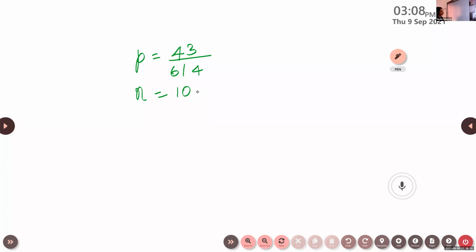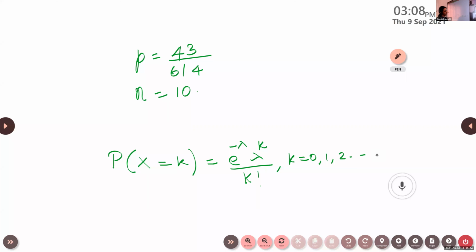In order to define the Poisson distribution, P of x equal to k, what is the formula we have learned? e raised to minus lambda, lambda raised to k by k factorial, where k is equal to 0, 1, 2, 3, etc.